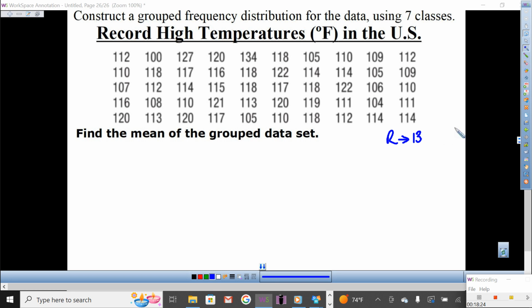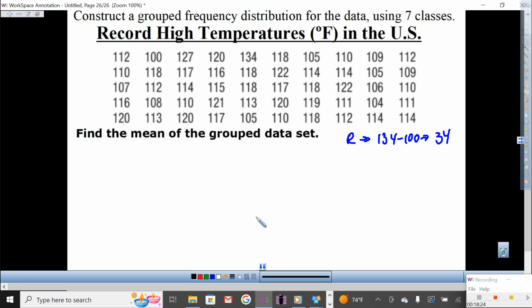I thought 27. Help us out, JC, what do I write for the range? 34. Hands if you got that. So far the range, we got it, okay?